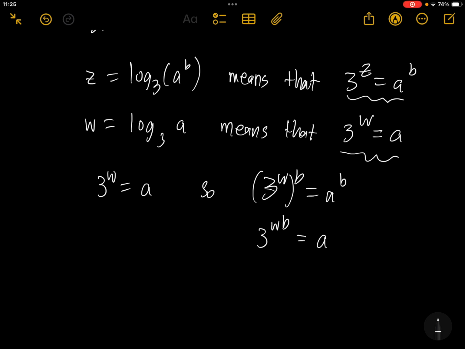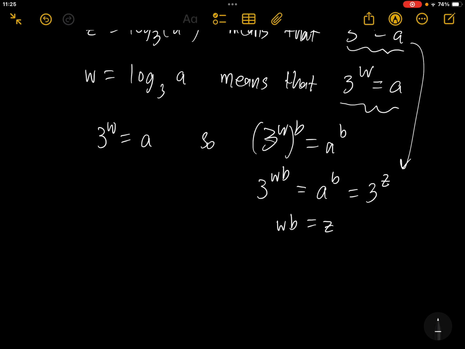So 3 to the wb is a to the b. Now a to the b, we just saw, is 3 to the z. So what that tells you is that w times b equals z, right? Because if you have 3 raised to a power equals 3 raised to a power, those powers must be the same.